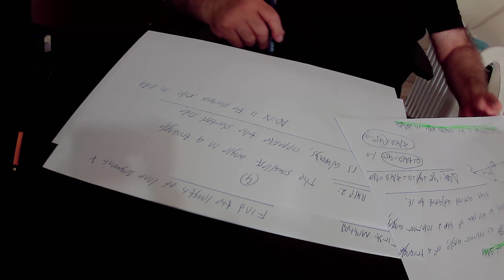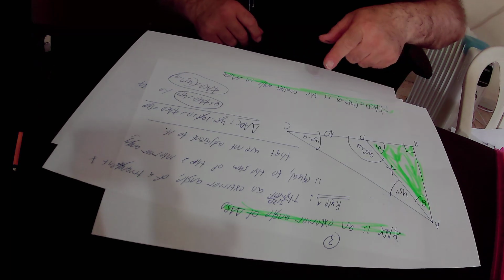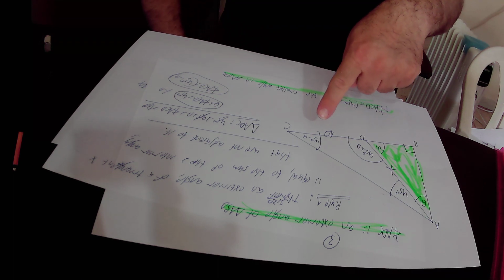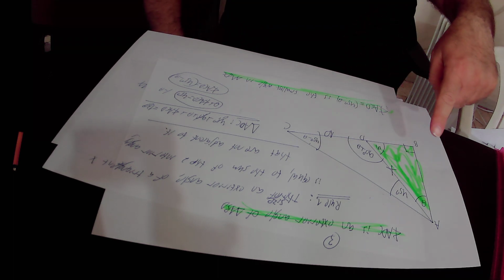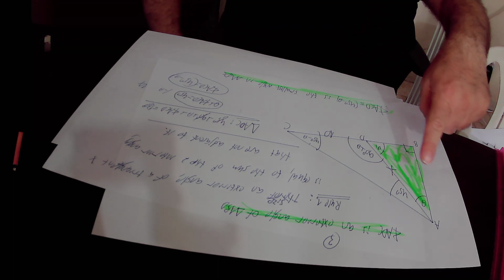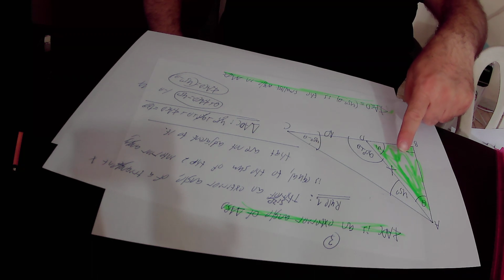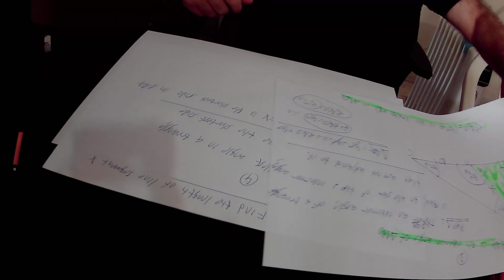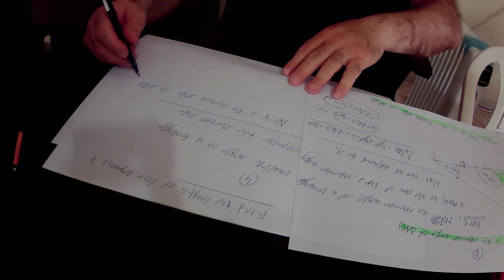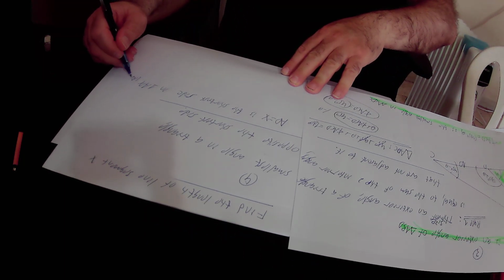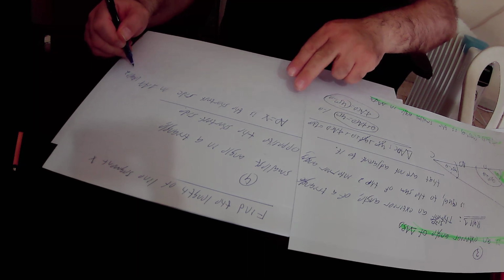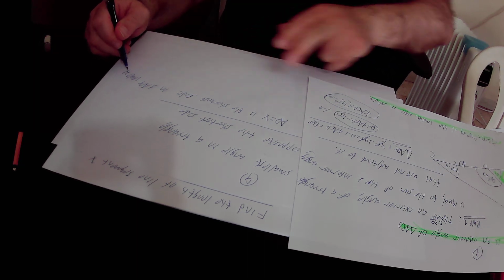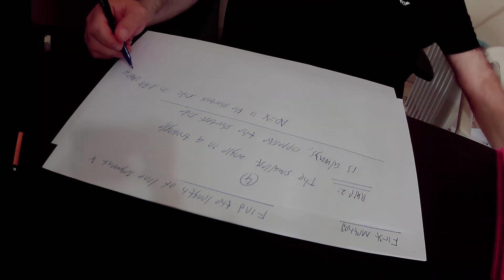Okay, because the smallest angle is opposite the shortest side, and the smallest angle is angle ACD, it must be that AD that is equal to X is the shortest side according to rule number 2.